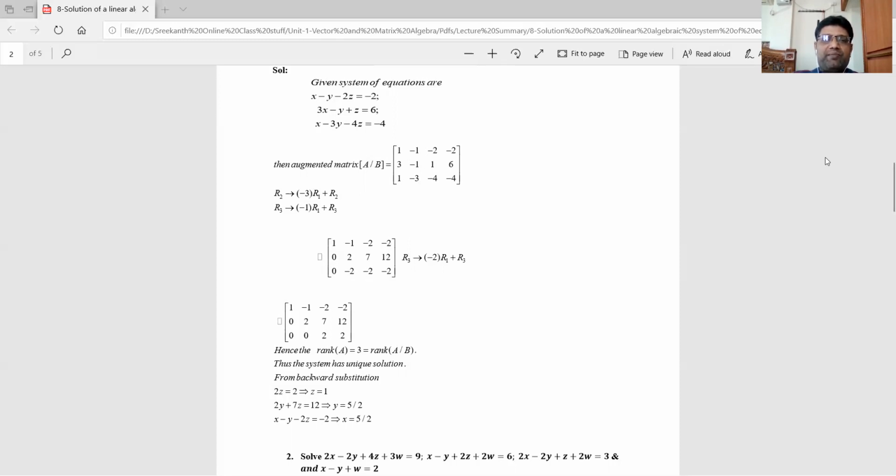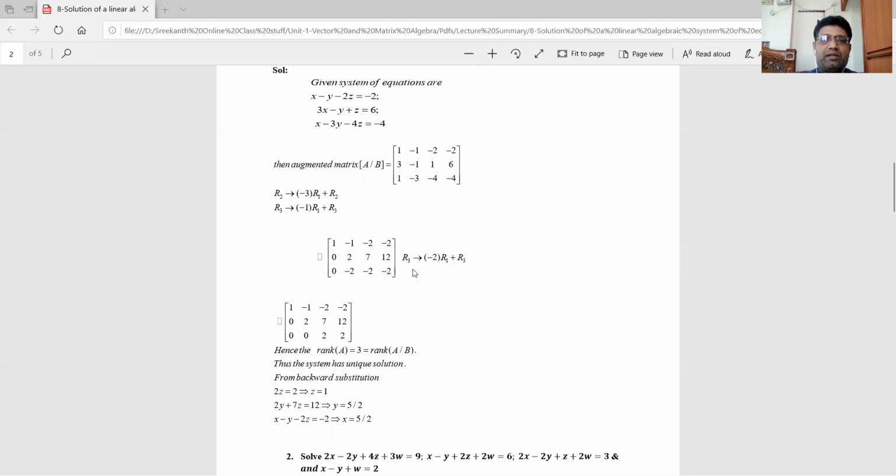Now if I make this entry minus 2 as 0, then it is in the echelon form. So for that I am adding row 3 with row 2, that is R3 plus R2. If I make this one 0, that is enough.